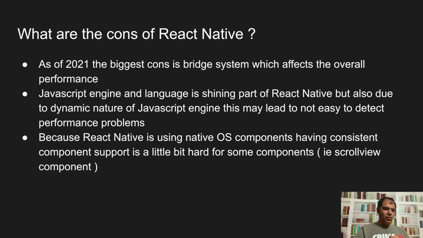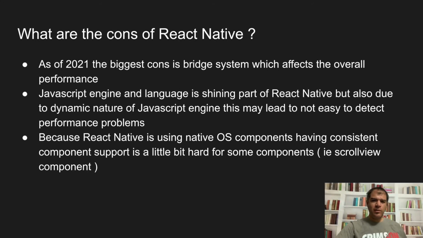So when you expect something to work on both platforms, then it is not working. Then you need to solve this problem by using some tricks. But everything has a solution, unless it is related to bridge. So the bridge right now is a problem, but it will be resolved in 2021 hopefully.